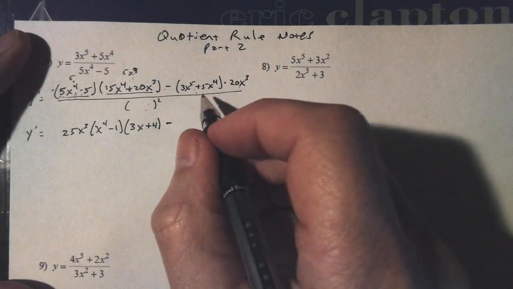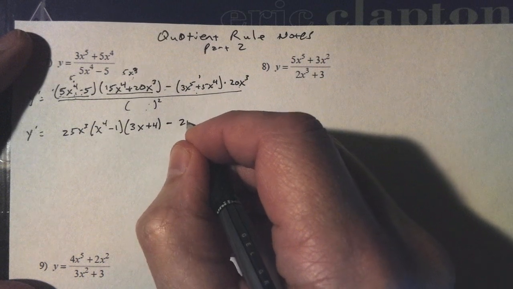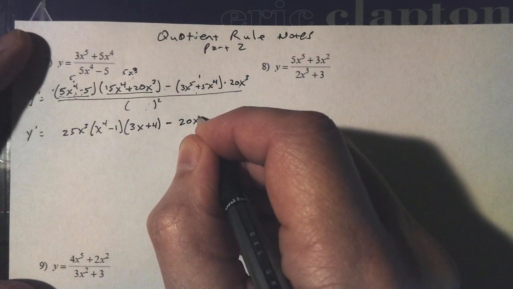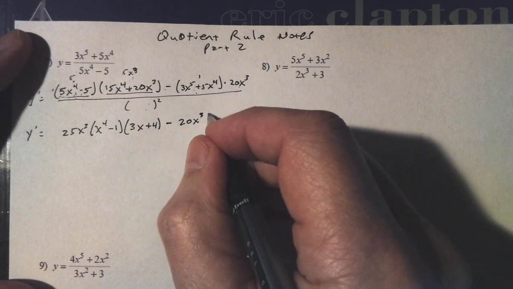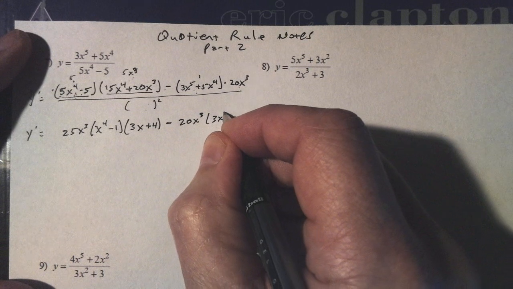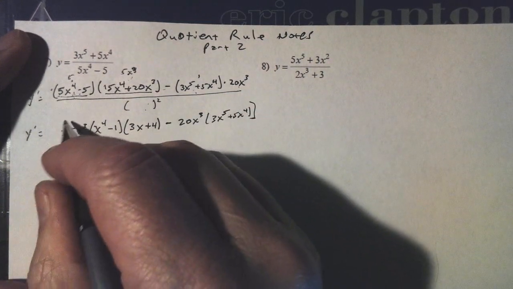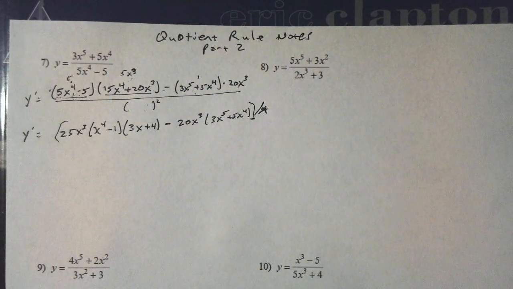Minus, from here I can't factor anything out, but here I can factor out a 20x cubed. I guess I already have that. And a 3x to the fifth plus 5x to the fourth. Nothing I could factor there. And all of those are on star, low squared.